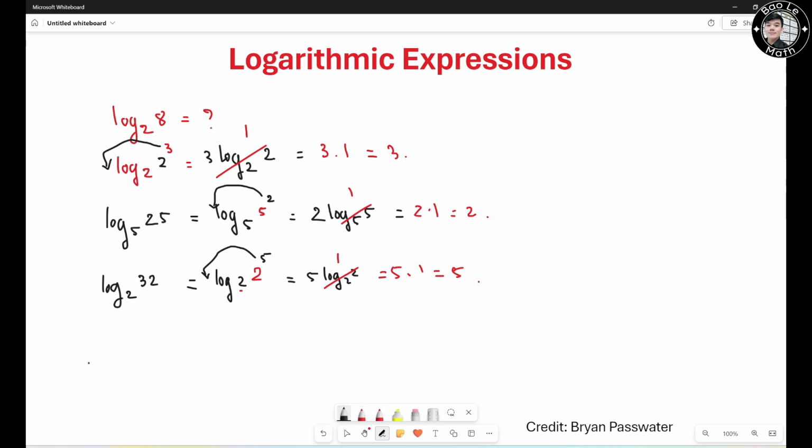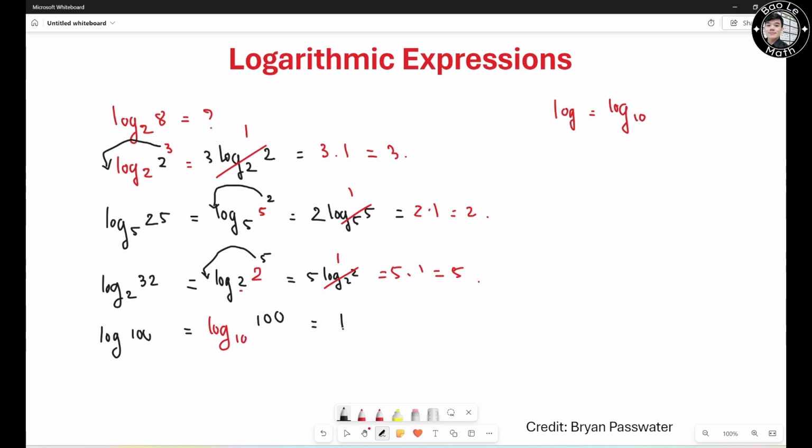Now next one, suppose we have log 100. We learned that if we only see log, this means log base 10. So we write this as log base 10 of 100.